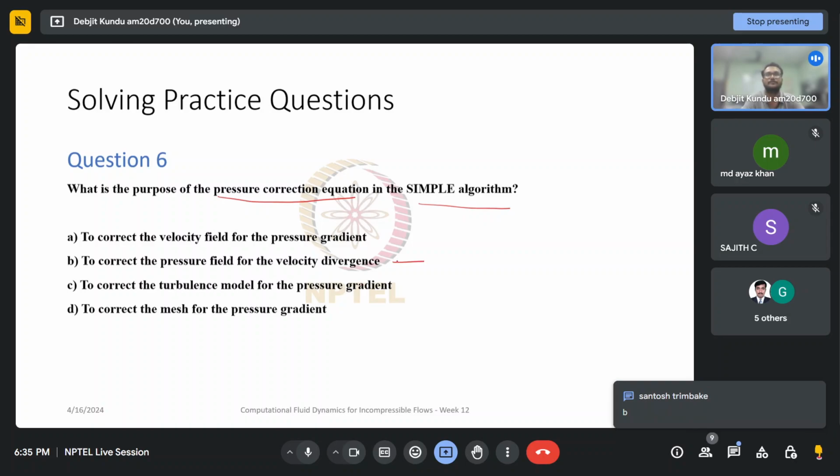Okay, we have one response in favor of option B. Let's hear what others have to say. To correct the pressure field for the velocity divergence.